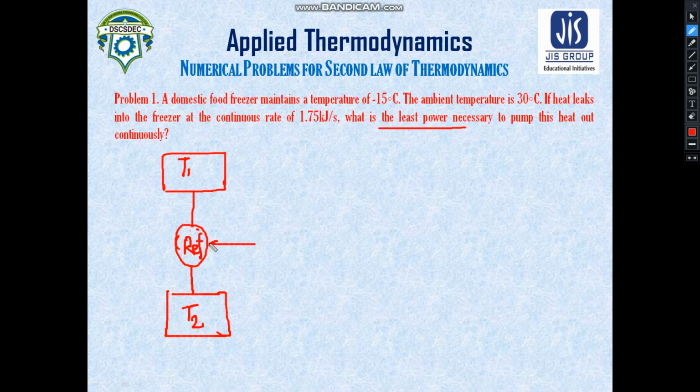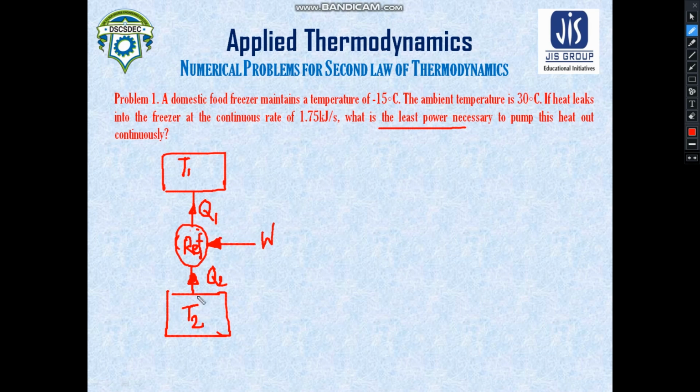This refrigerator needs some power or external work so that it can perform according to our requirement. Let us assume this is W, and this refrigerator is continuously pumping out this Q2 heat. And this is the heat which this refrigerator transfers to the source.